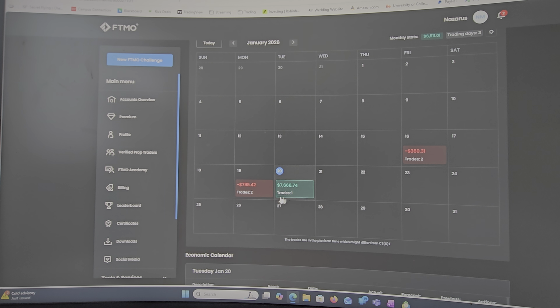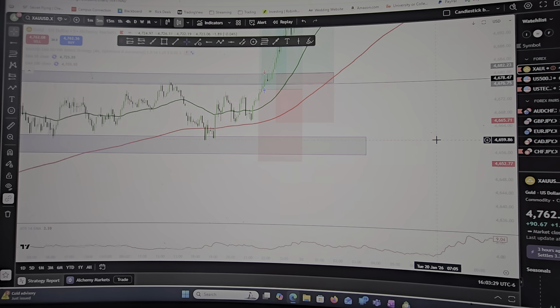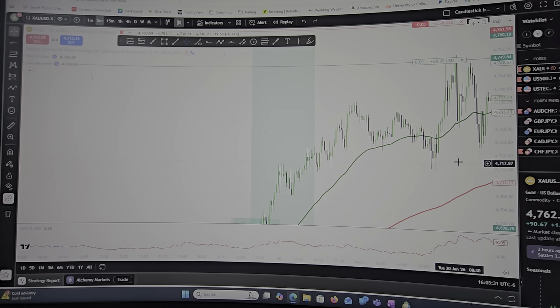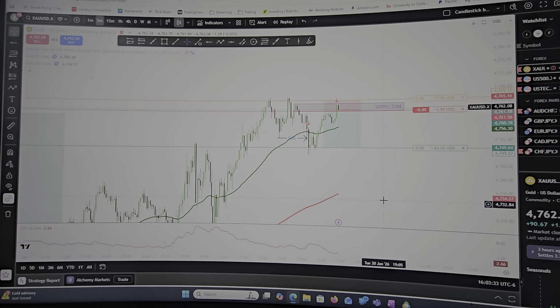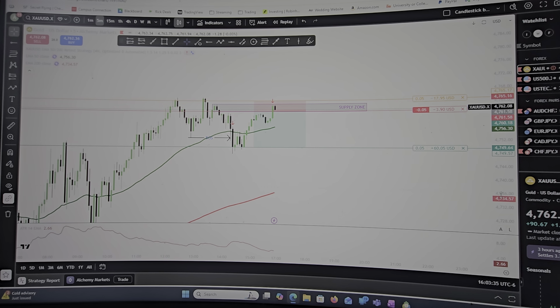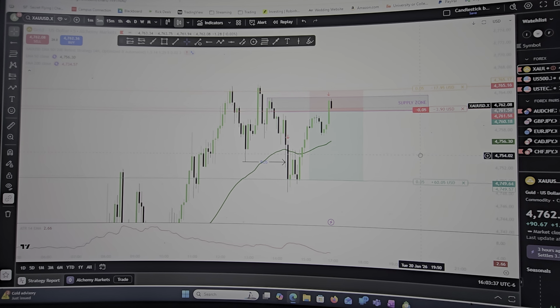So I've taken one trade today, and I think that'll be good for today. That's why I did not enter this reversal trade on FTMO, because I'm saying making 7,600 is enough for the day. No more trading. So one trade a day is good for me.